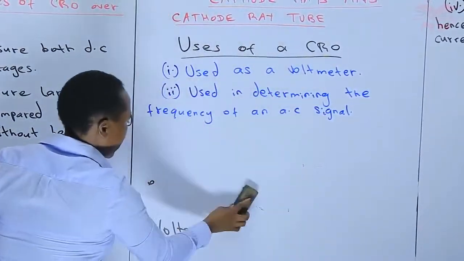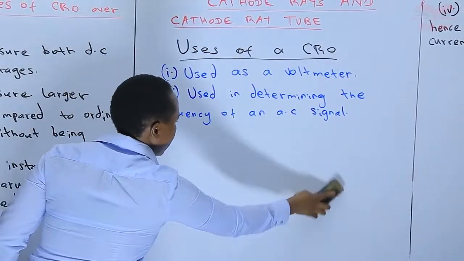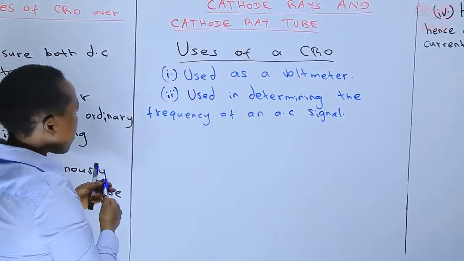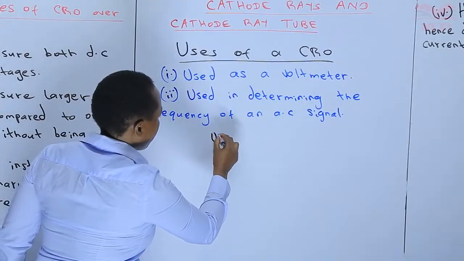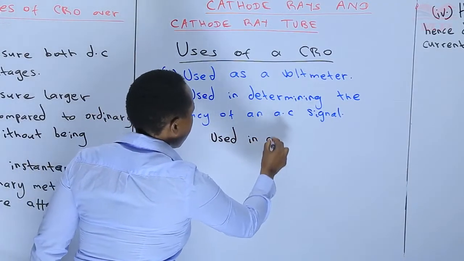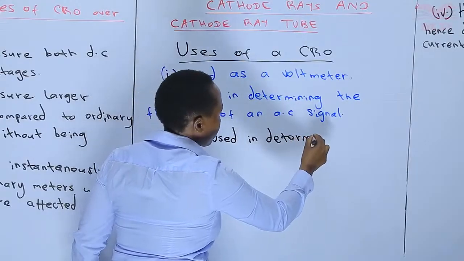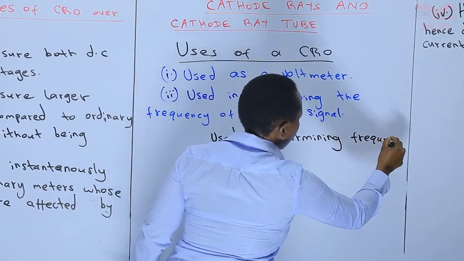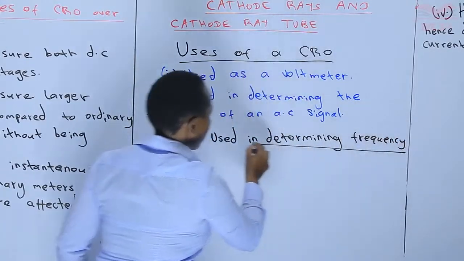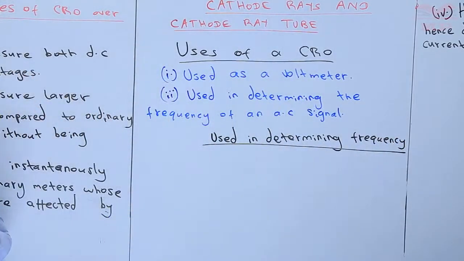CRO used to determine the frequency of an alternating current signal.